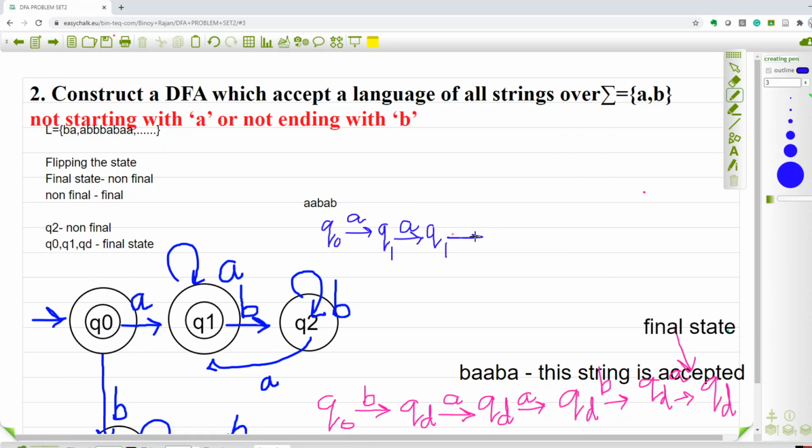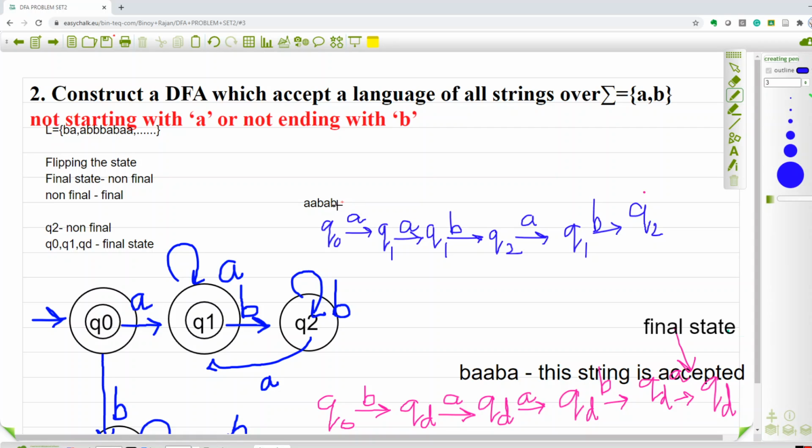From Q1 with B as the input symbol, I reached Q2, and Q2 with A I reached Q1 again, and from Q1 with B I reached Q2.